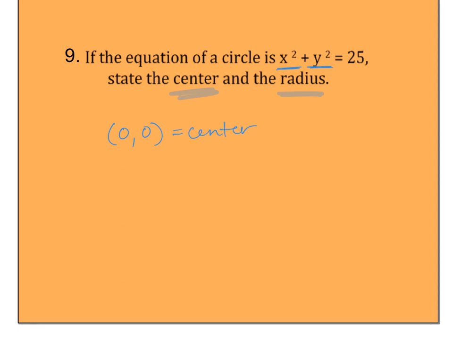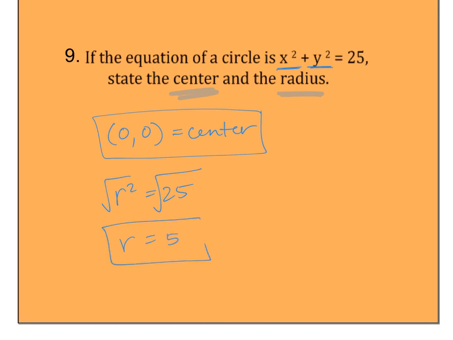Because there's nothing behind the x and nothing behind the y. The radius is going to go like this. This is r squared is 25. So take the square root, and our radius is 5. Technically it's plus or minus 5, but you wouldn't have a negative length, and so we just say 5.